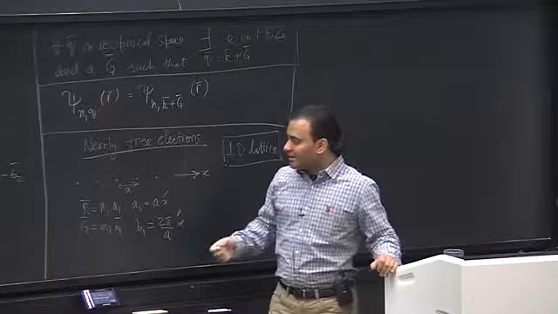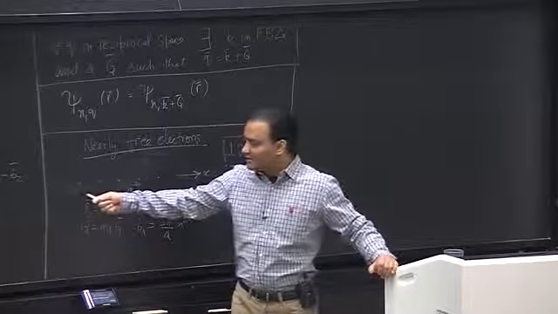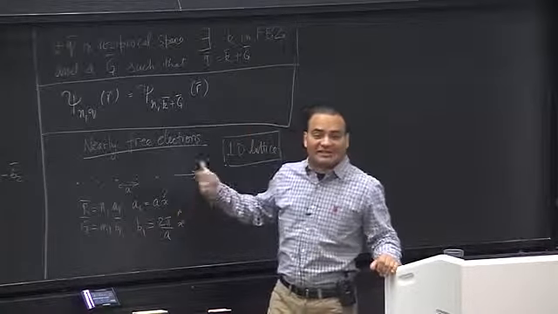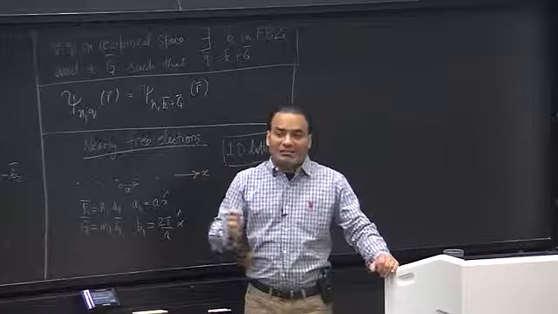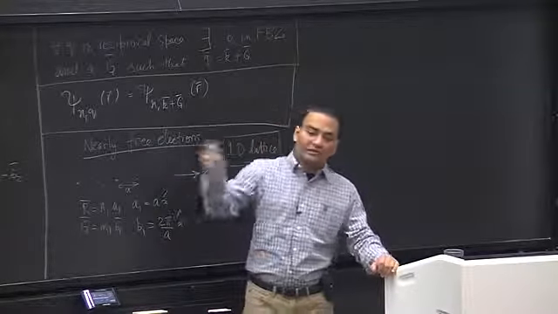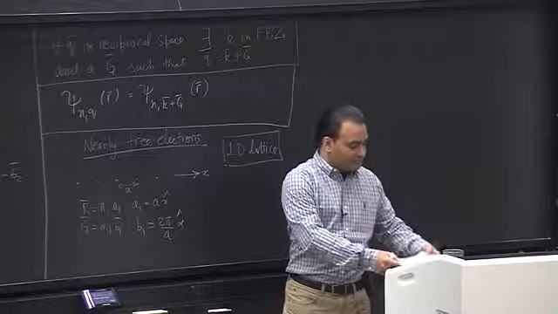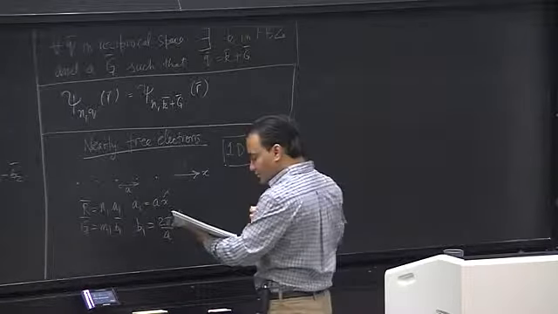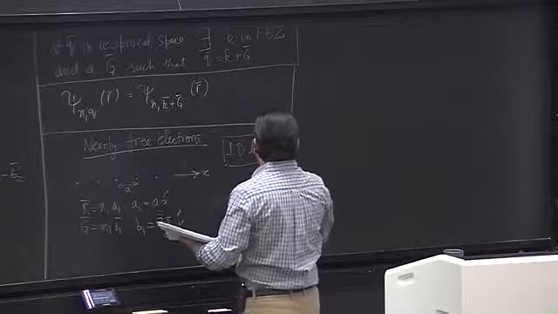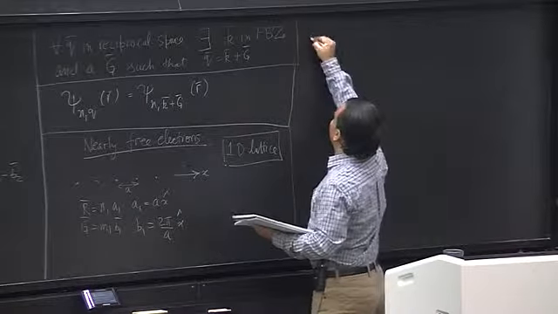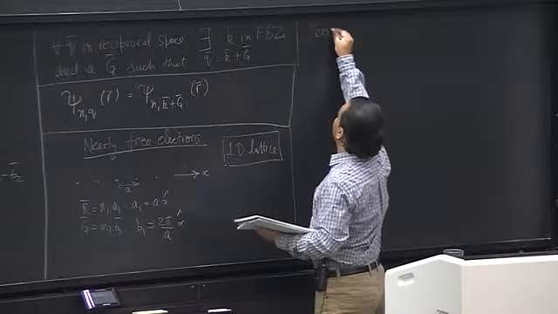What that means is, if there are, say, capital N sites, 1, 2, 3, up to capital N, we are going to identify the N plus first site with the first site. So we are going to assume periodic boundary conditions.